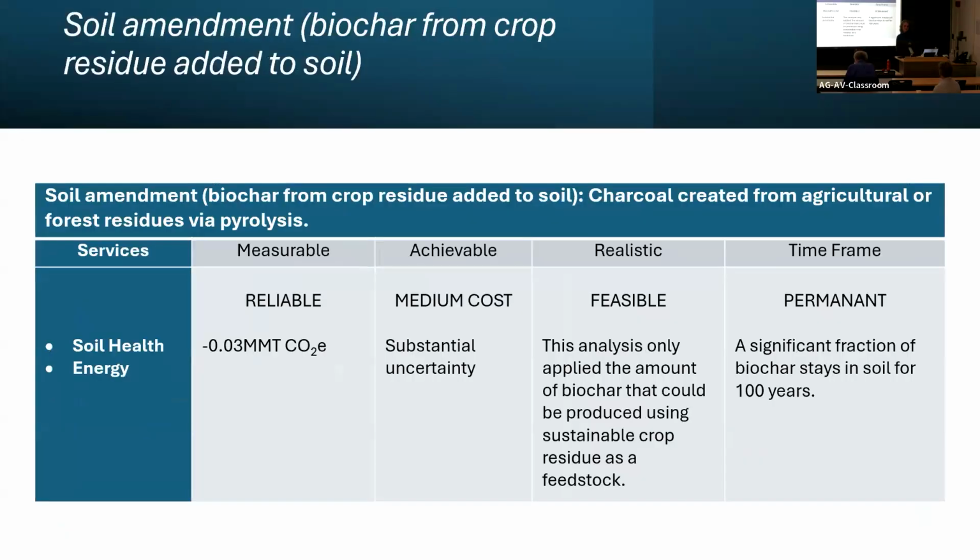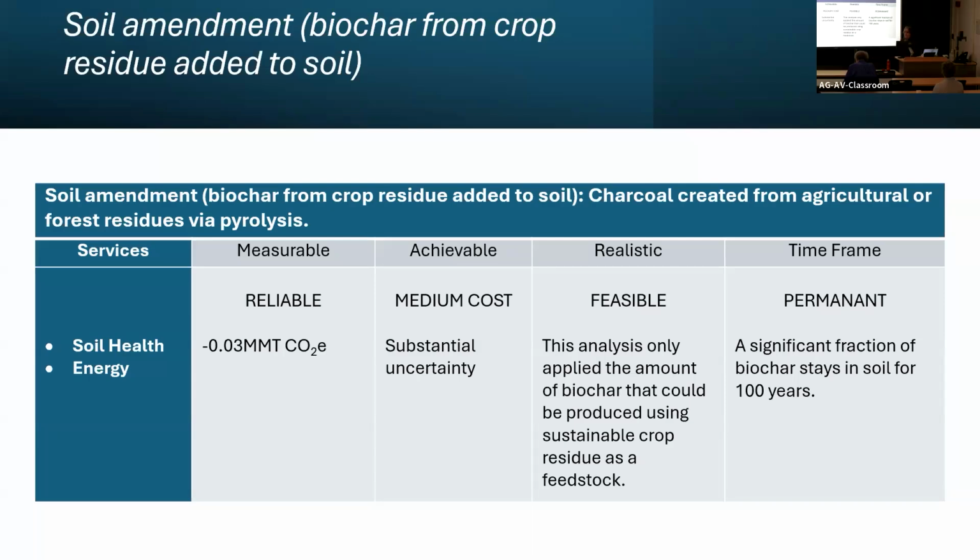So we do have it. We have one project with NYSERDA where we put a kiln onto a dairy farm, Spruce Haven, to pyrolyze cow manure, basically, and then put it out onto the field.